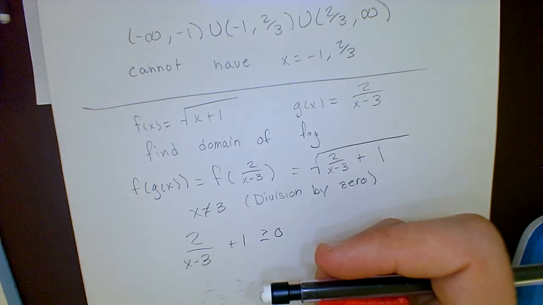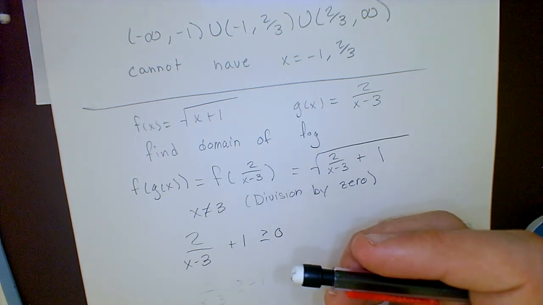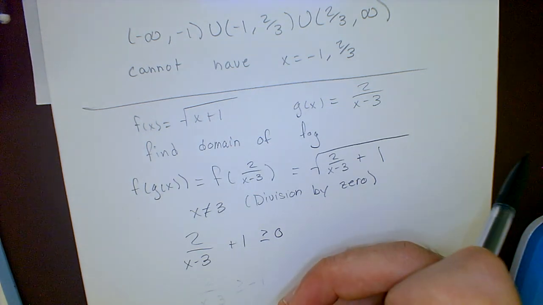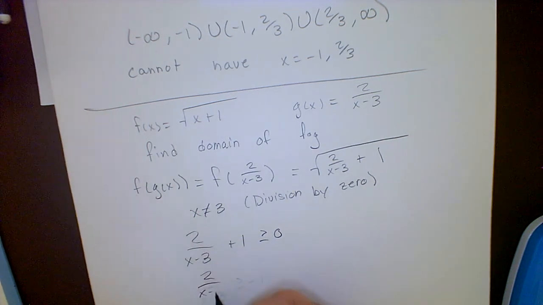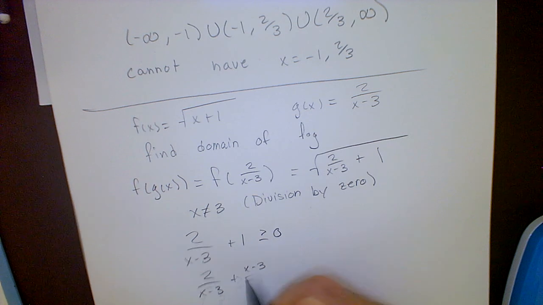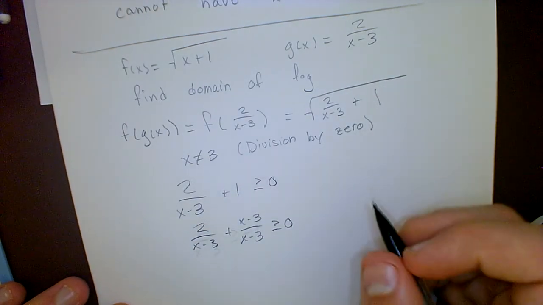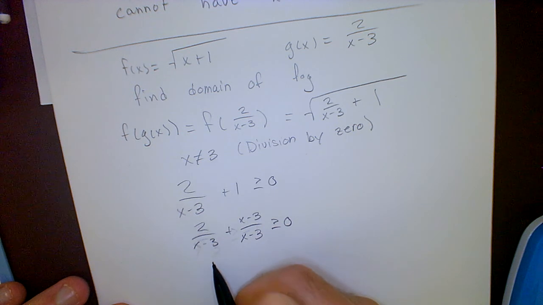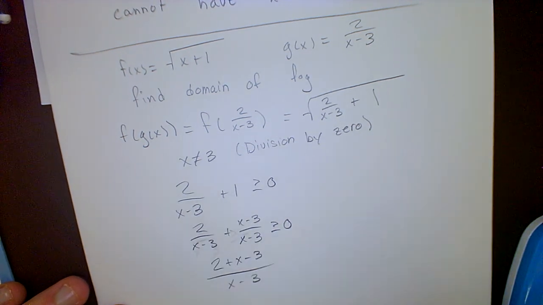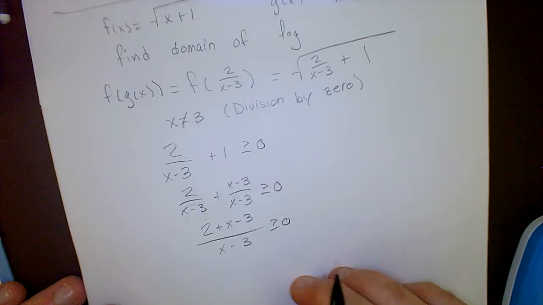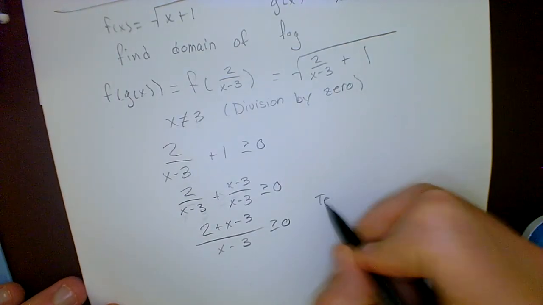So I need 2 over x minus 3 plus x minus 3 over x minus 3 is greater than or equal to 0. So this is now 2 plus x minus 3 over x minus 3 greater than or equal to 0. So remember, now we can use the test point method.